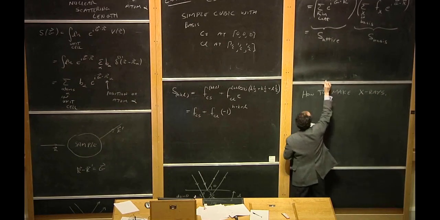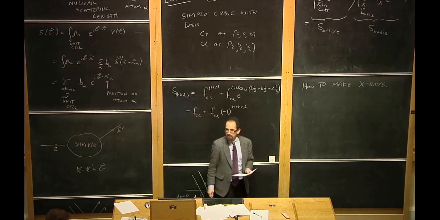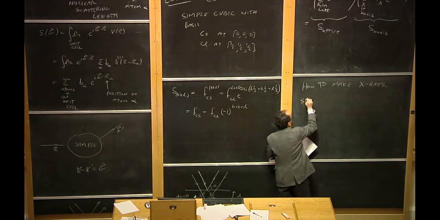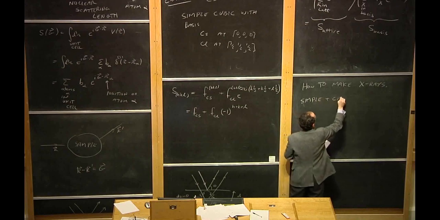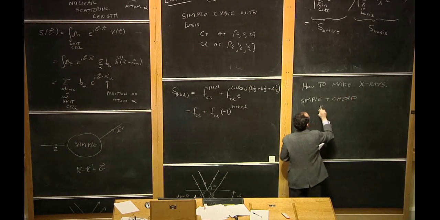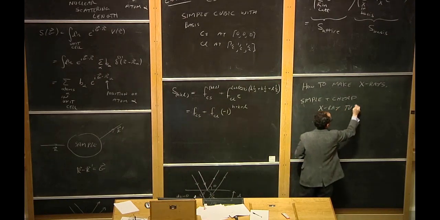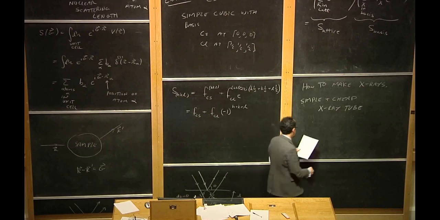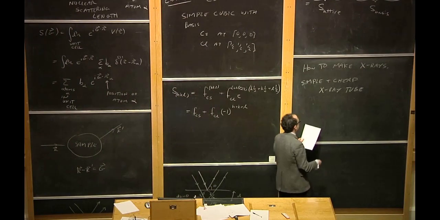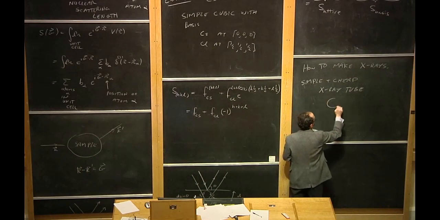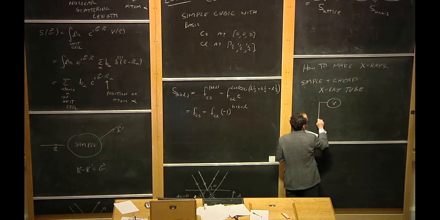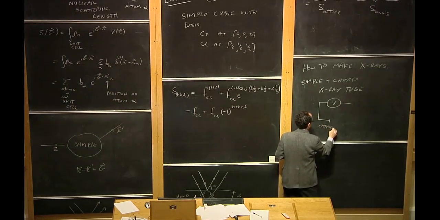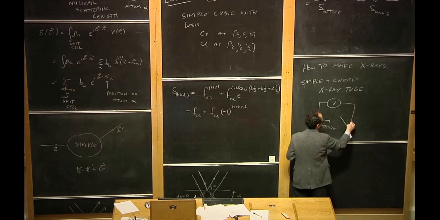So there's two ways to make X-rays, which we may only be able to get to the simplest of them today. But the simple way, the cheap way, is to use an X-ray tube. This is a method discovered by Röntgen way back in around 1901. The idea is you take a great big voltage here, and you put it across a cathode on this side, just a piece of metal, and a big target on this side.